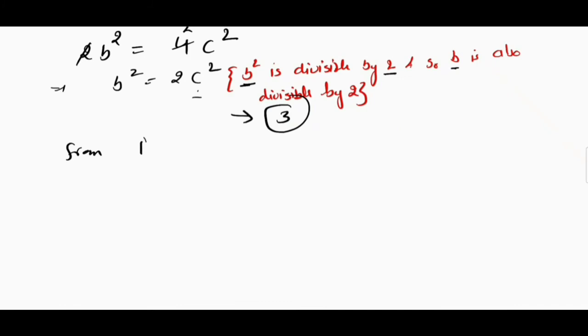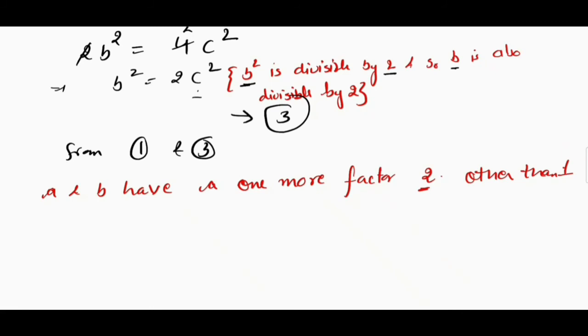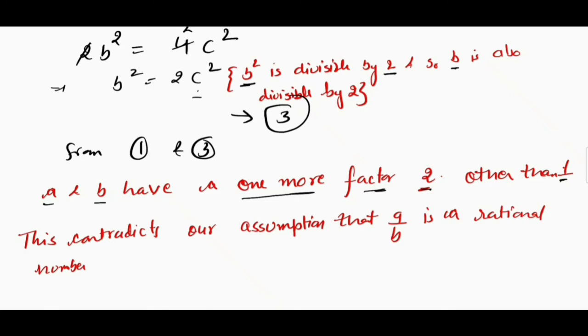So from 1 and 3 we can find out that a and b have one more factor 2 other than 1. So it contradicts our assumption that a upon b is a rational number. Why?